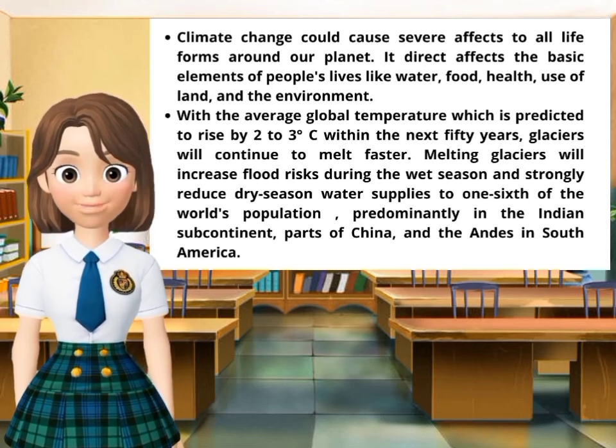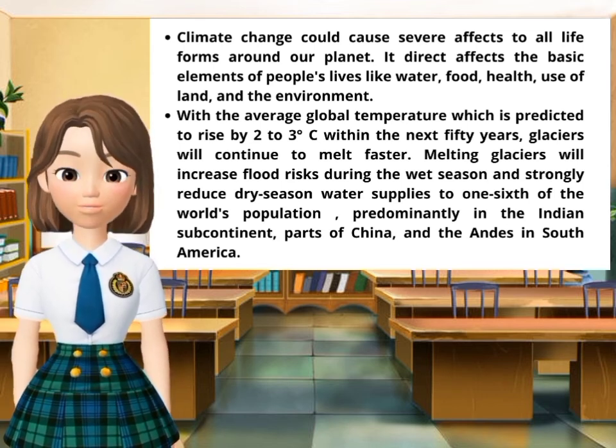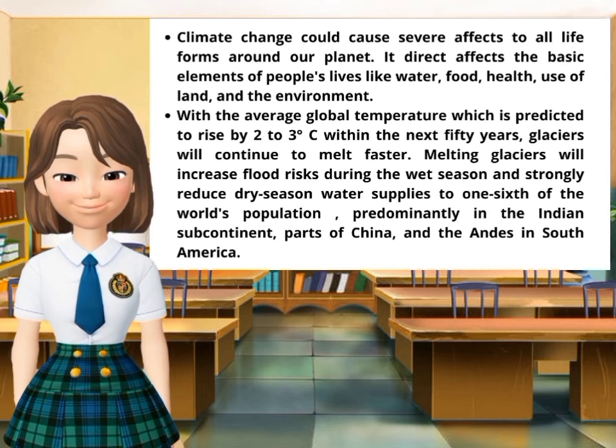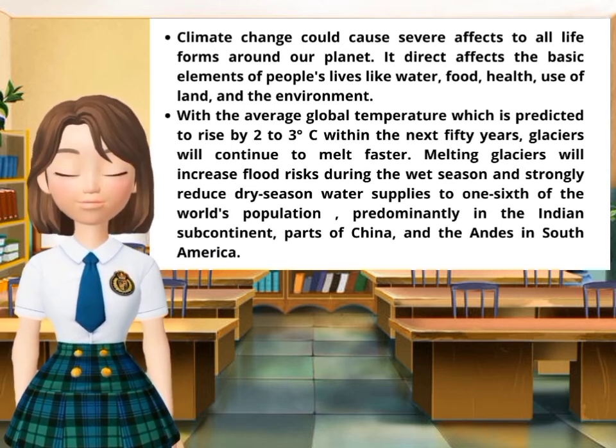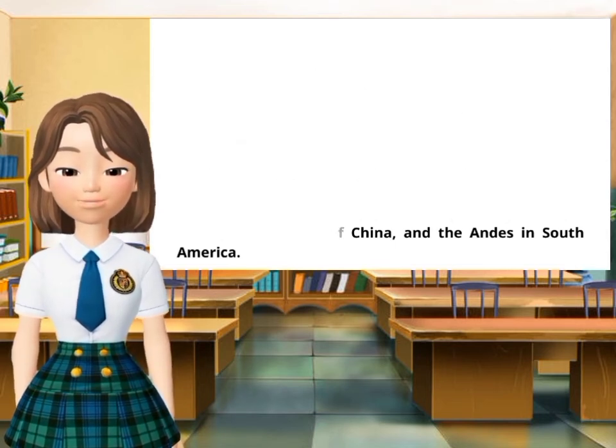Melting glaciers will increase flood risk during the wet season and strongly reduce dry season water supplies to 1/6 of the world's population, predominantly in the Indian subcontinent, parts of China, and the Andes in South America.